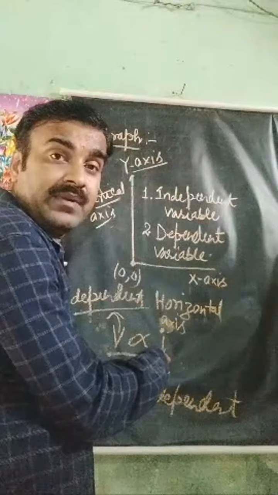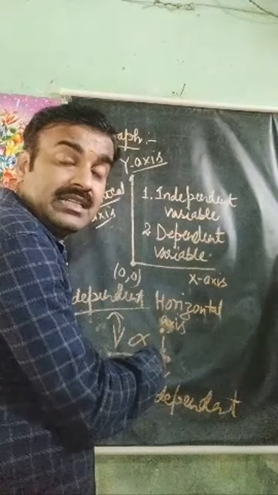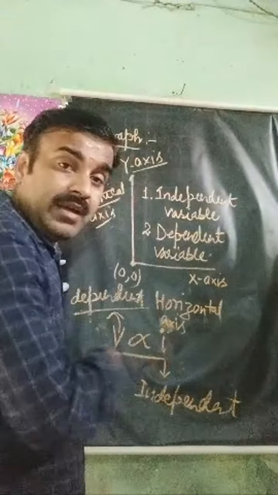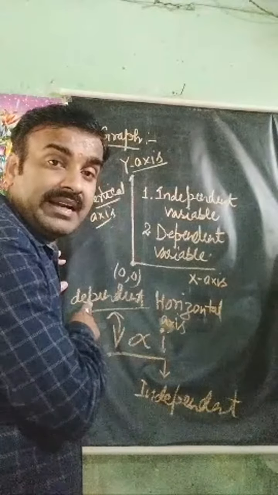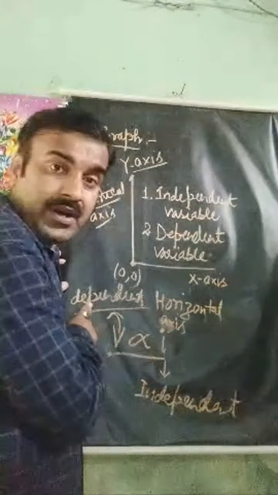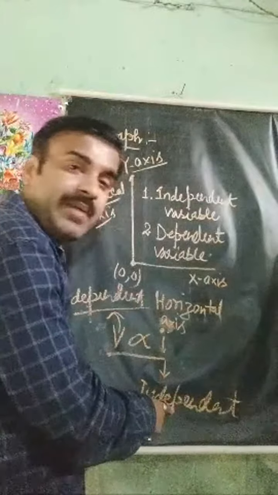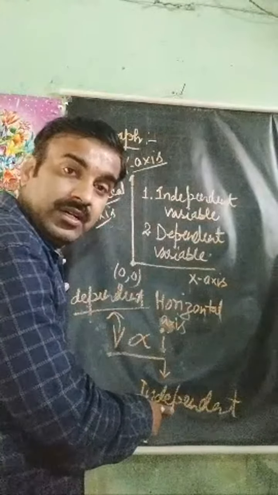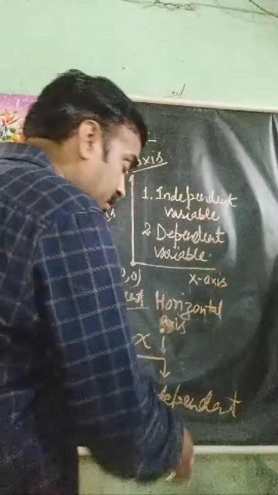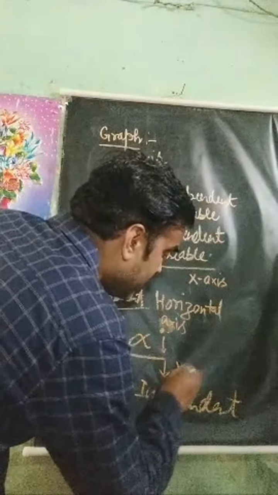That means I is the independent variable and V is the dependent variable, already written.